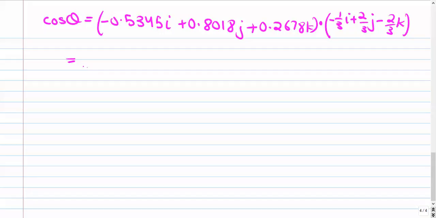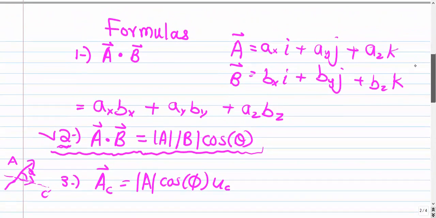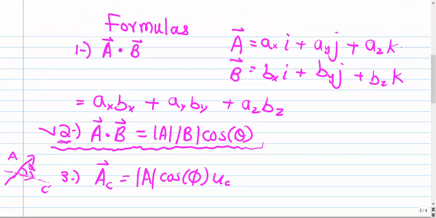Now we will use another formula that we discussed in the previous video, the first formula, which is how to actually do a dot product. So we will be using this formula right here.